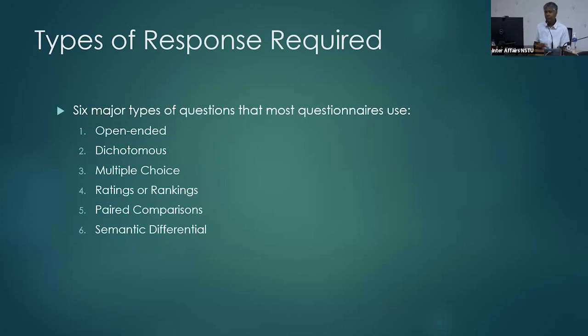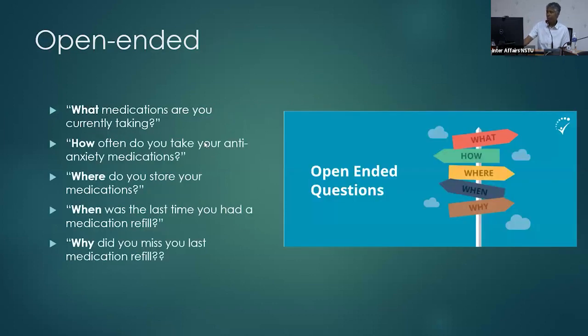But if you're developing a single item to collect descriptive information, or a few items asking about attitudes, you might want to keep in mind these different types of questions.